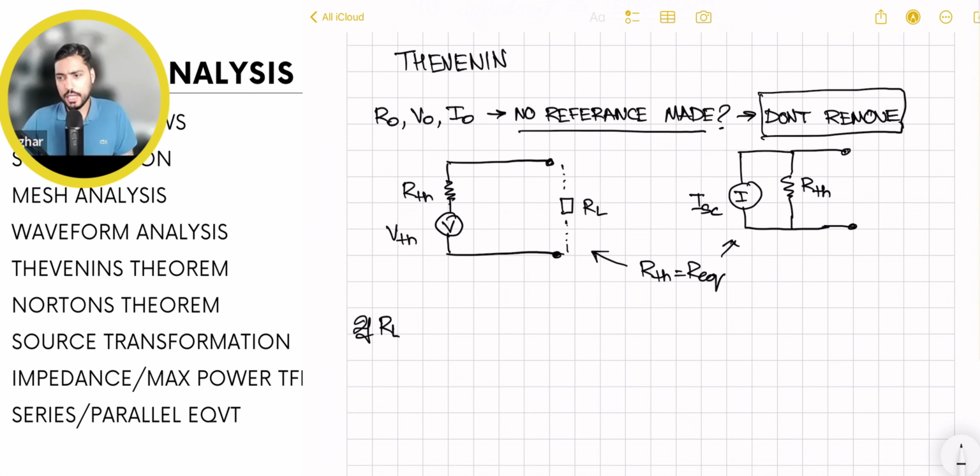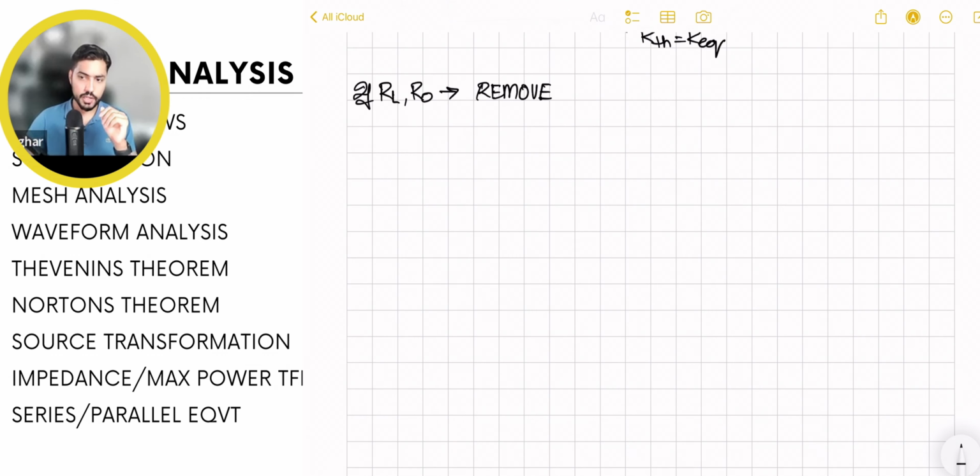The only time you're going to take any resistor out is when it is identified as our load or output resistor. If there is no indication that a resistor within the circuit is an output resistor, you're just going to go ahead and treat that entire circuit as your Thevenin equivalent circuit, through which you're going to calculate R Thevenin and V Thevenin.